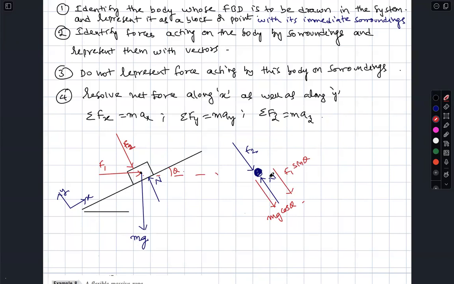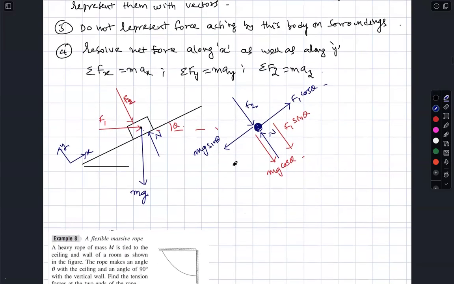So what are the forces in the x direction? One is the weight component mg sin theta. The other is F1 cos theta. Right. Now, have you identified what I have done in this question?